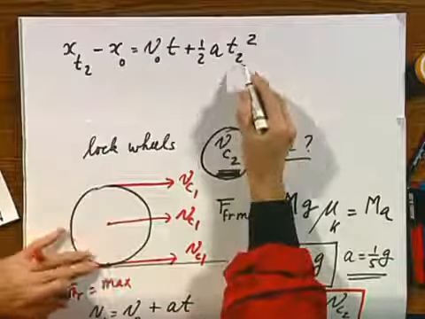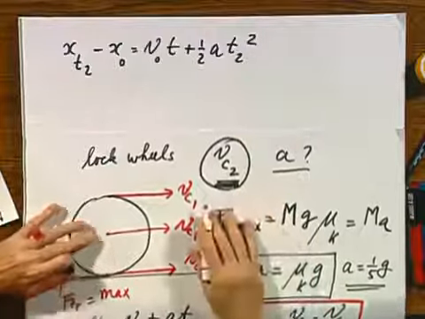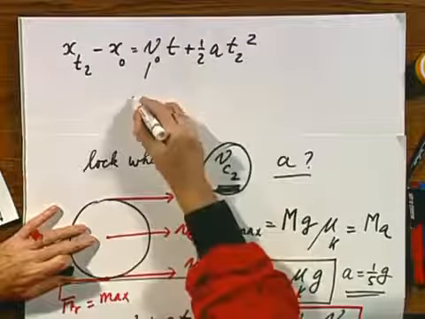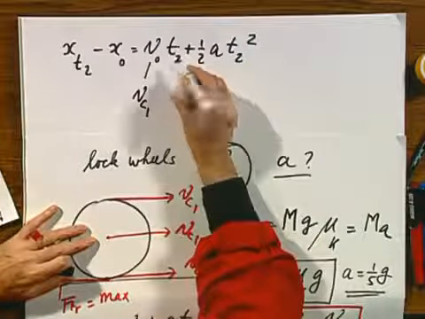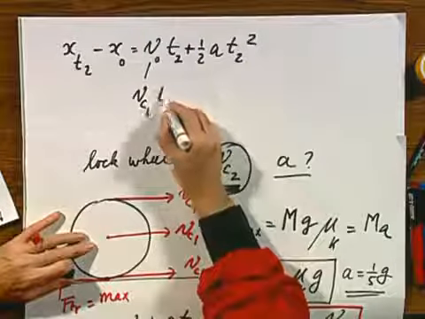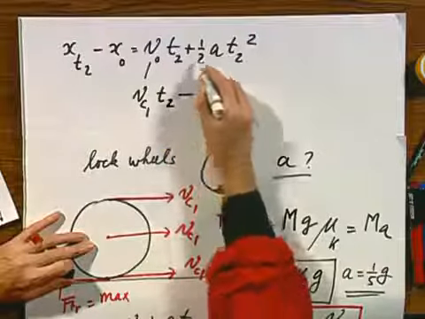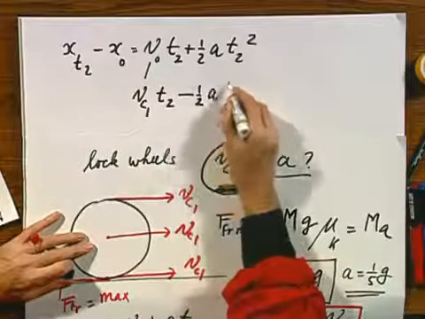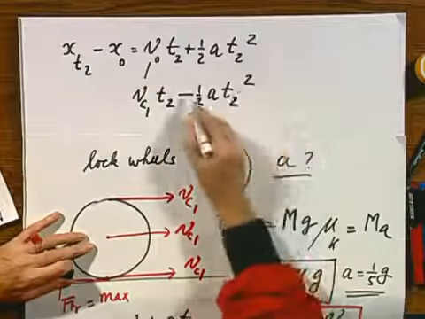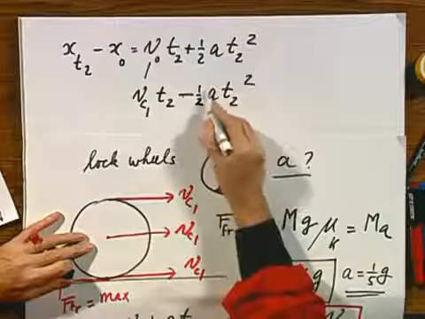This is the moment that we have reached this velocity. If we substitute the values that we have, this was vc1 times t2, minus 1/2 a t2 squared. I put in a minus sign because now I'm going to put in the positive value for a.